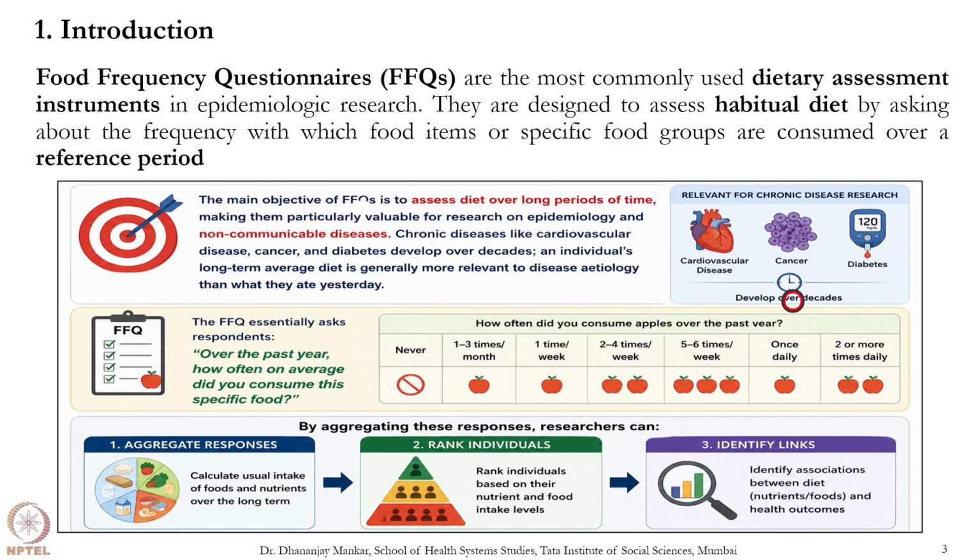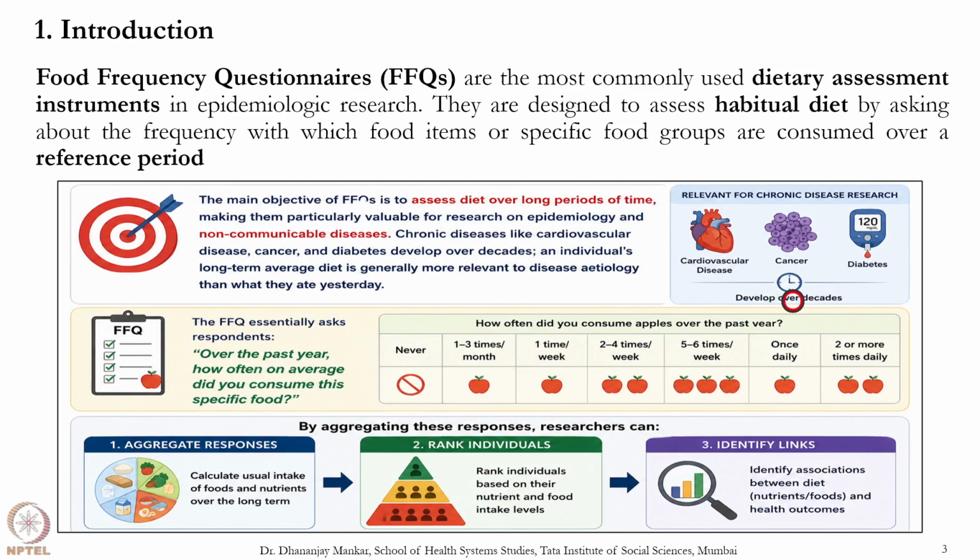Someone may say 1 to 3 times in a month, or 1 time in a week, or 2 to 4 times in a week, or 5 to 6 times in a week, or once daily, or even 2 or more times in a day. So it is like a habit of consuming something rich in antioxidants and iron, a fruit seen as an appetizer.